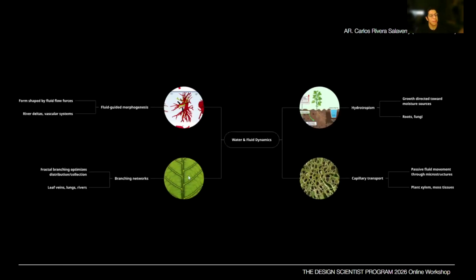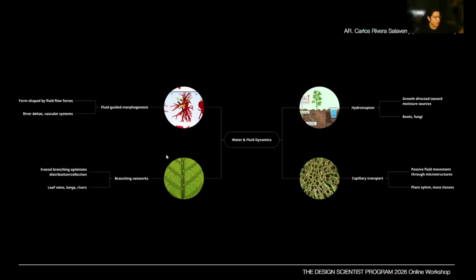Then we have principles related to water and fluid dynamics, in which, for example, fluid-guided morphogenesis, which is present in our own bodies, is where the form is shaped basically by fluid flow forces. You can see it in river deltas and vascular systems like the ones that we have as human beings.